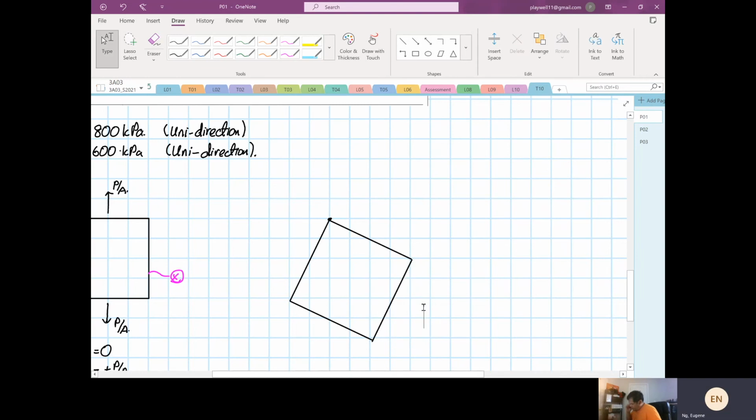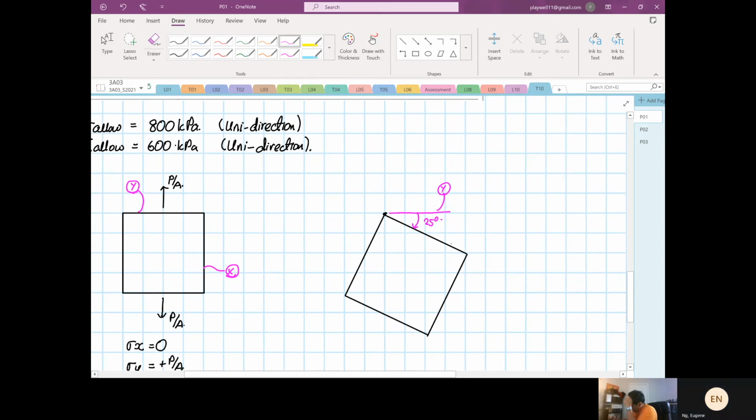So now the element is rotated from the horizontal, going over here in the clockwise direction by 25 degrees, right? Because it's going to rotate from Y, this is my Y25, and this is my X25. That's how I'm going to leave it.